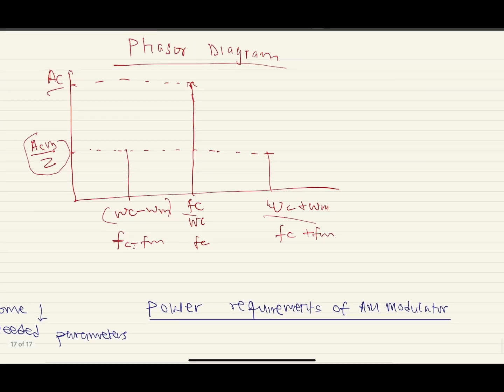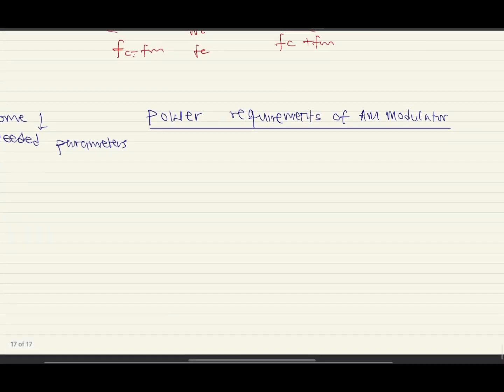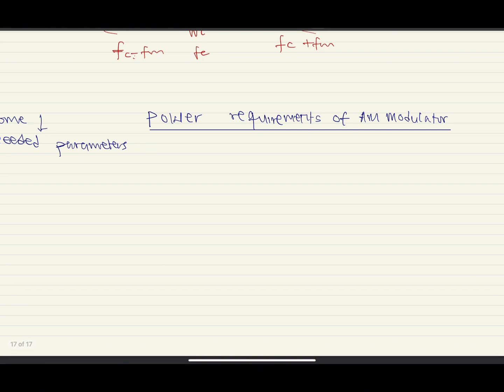Based on this phasor diagram and together with the equations, we can see that the lower sideband, LSB, will have an amplitude equal to ACM over 2.